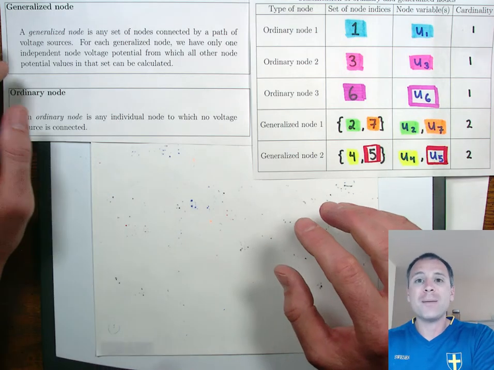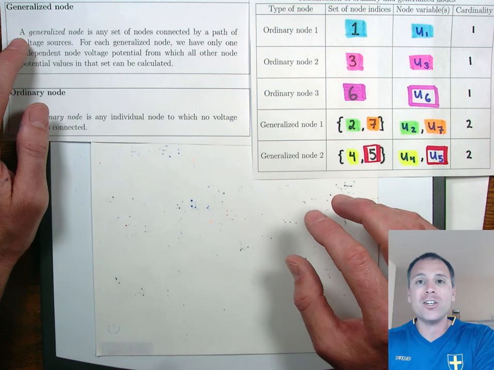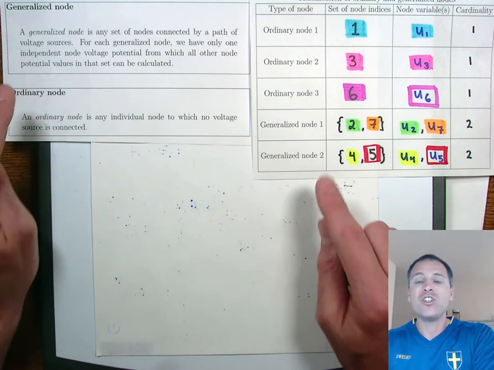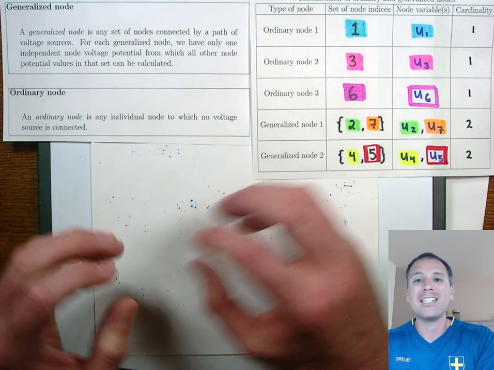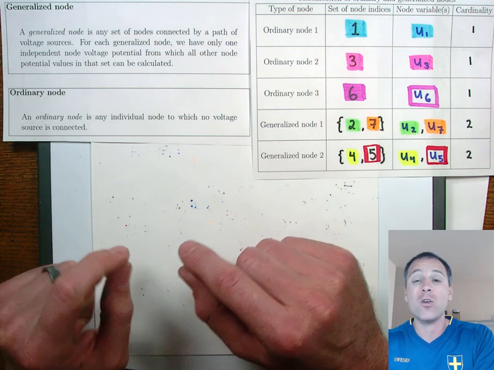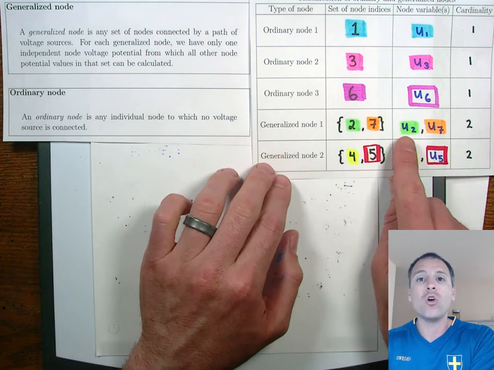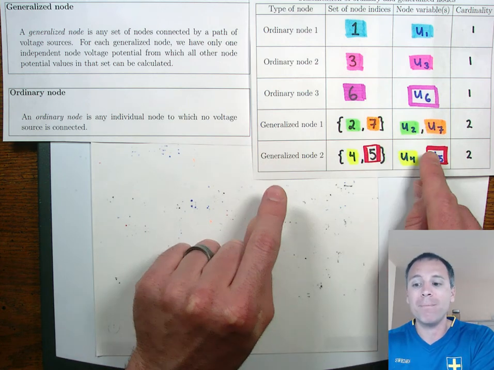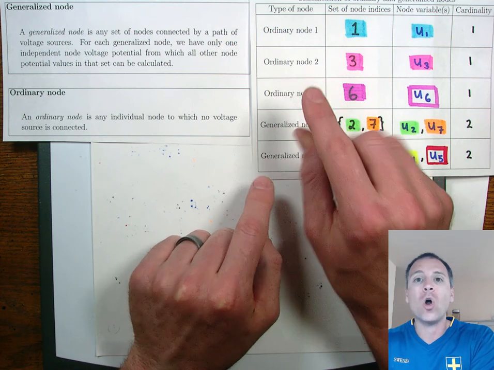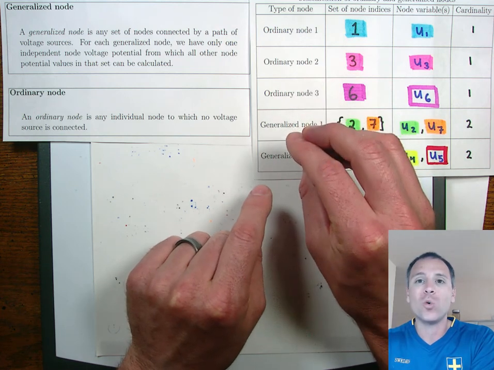Remember, the whole idea of step 6 was to identify generalized nodes and ordinary nodes. Generalized nodes are any collection of nodes which are connected by paths of voltage sources. In other words, any collection of node voltage potentials that have dependencies amongst them. Ordinary nodes are nodes to which no voltage source is connected.